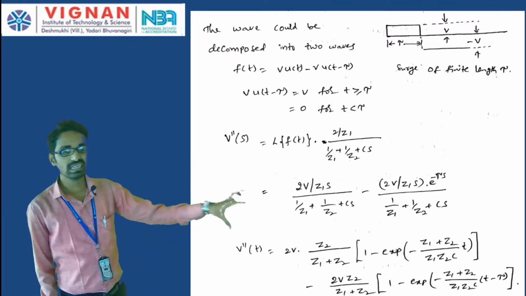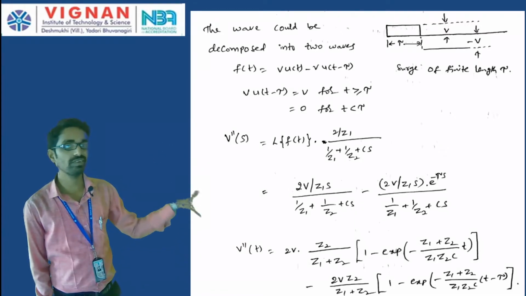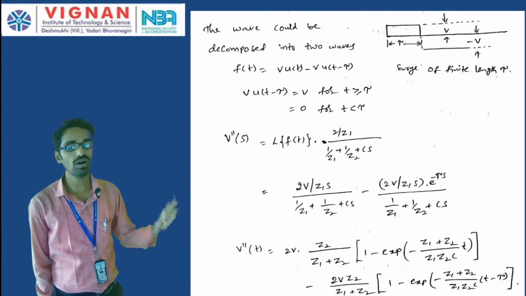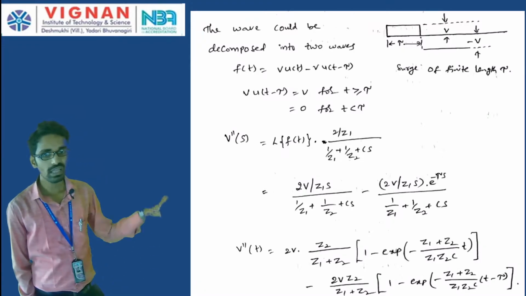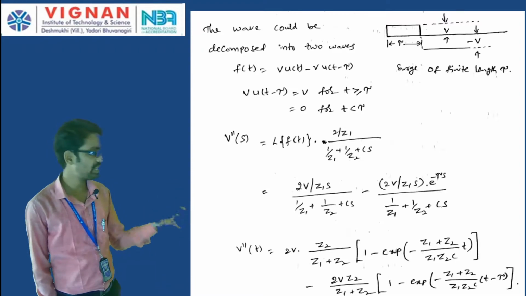That second term represents the v into u of t minus tau. The first term represents the v into u of t. And here if I take the inverse Laplace transform, that is v double dash of t.